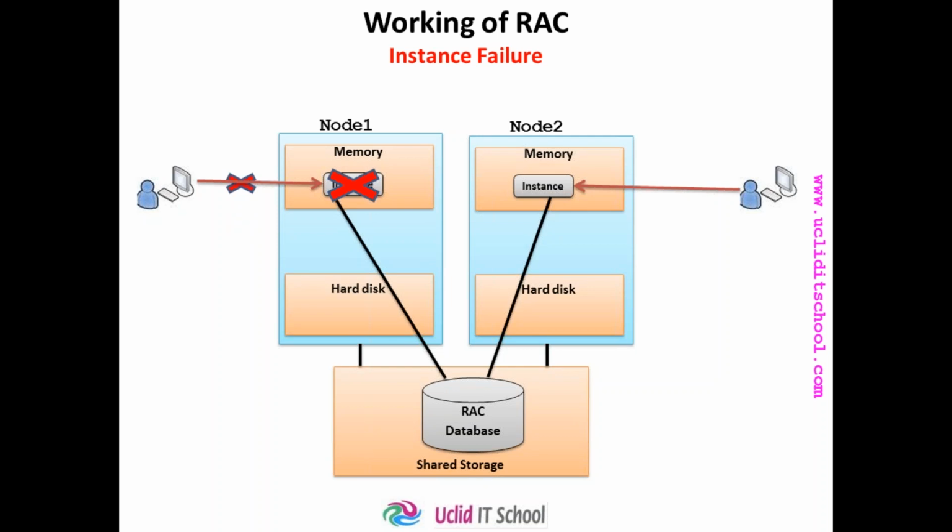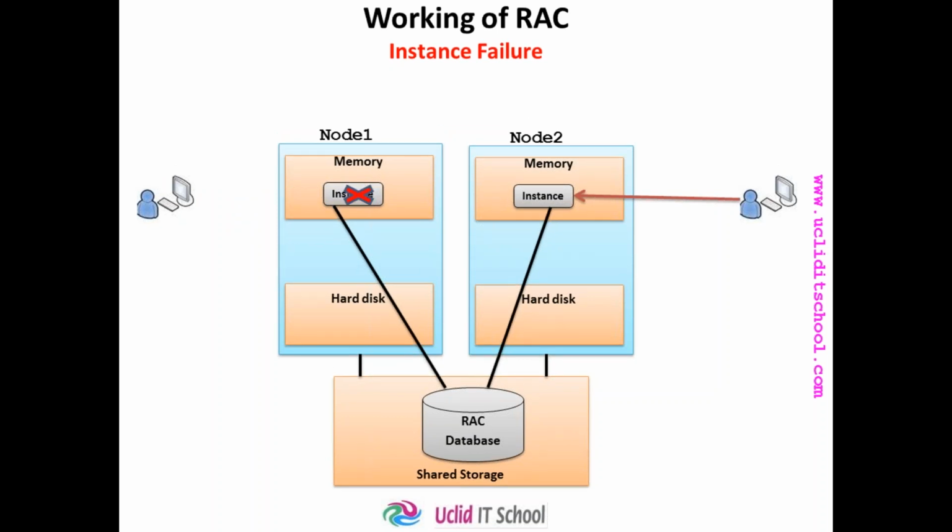Now, your database is still running. Remember, your database is still available because you have another instance through which clients can access the database. So technically, your database is available for business. It is not completely inaccessible. It is accessible now. It is available now. Only thing is the clients that are connected to the failed instance will have impact.